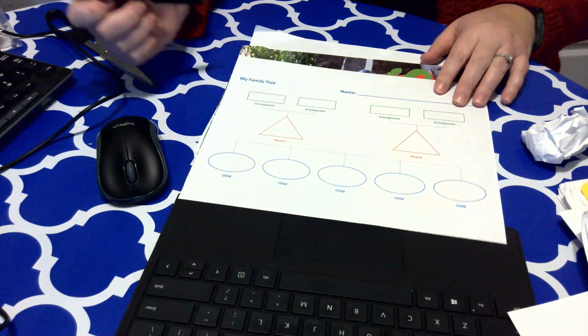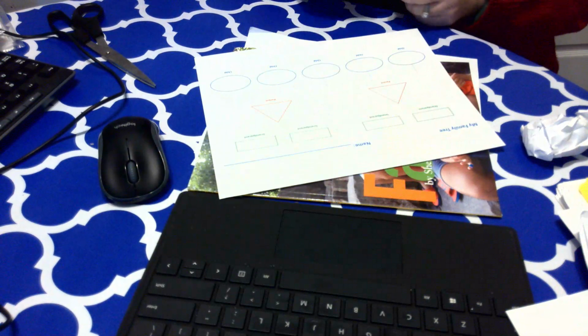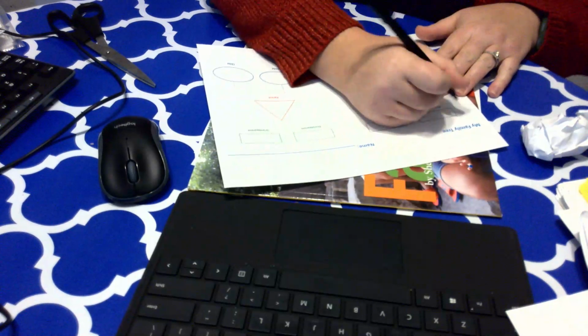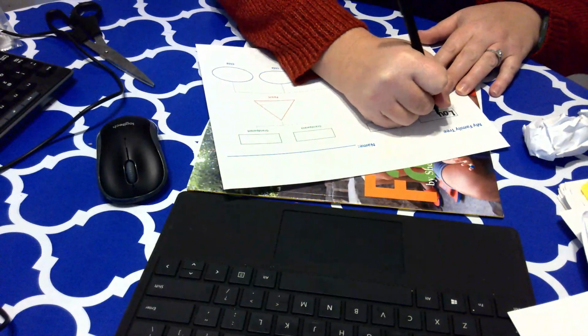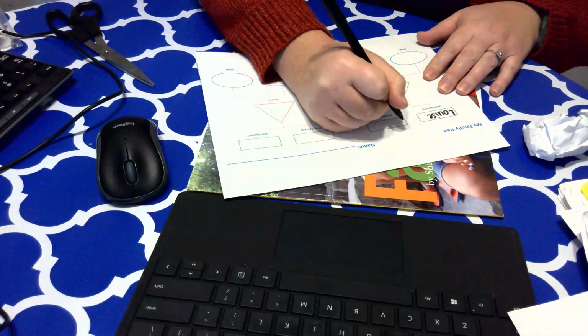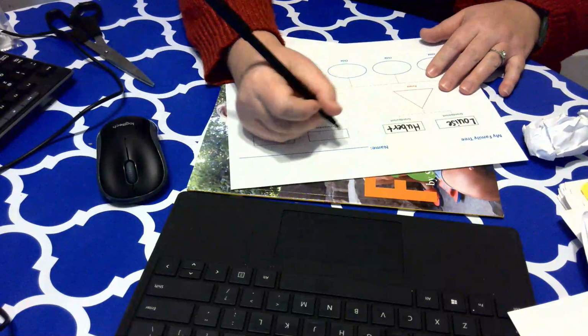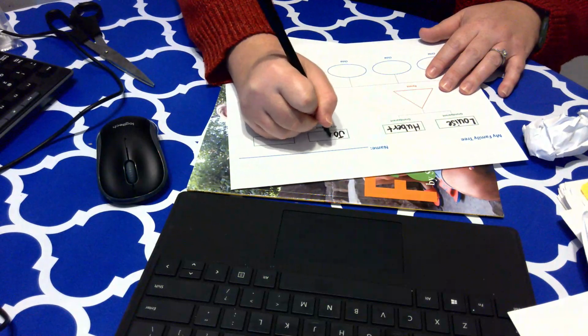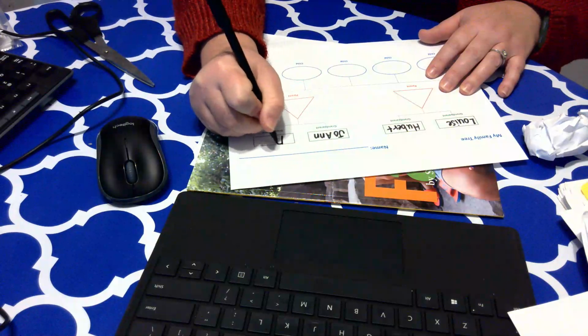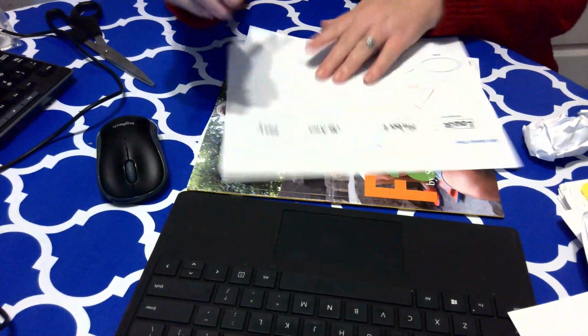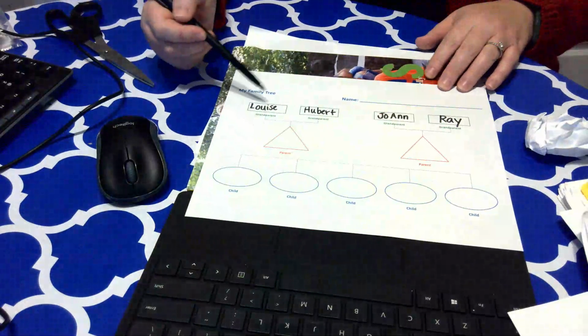So grandparents, so I would write my grandparents' names. And my grandparents' names were Louise and Hubert. And then my other grandparents' names were Joanne and Ray. And so there's the grandparents' names.